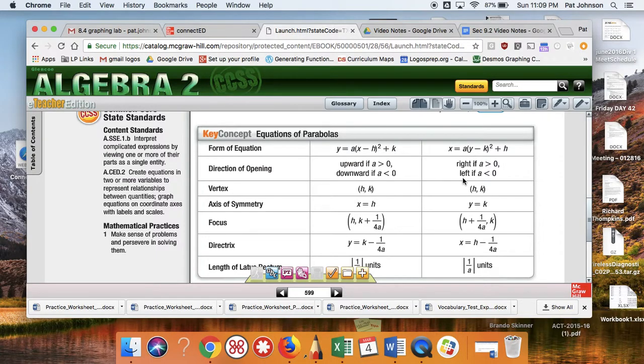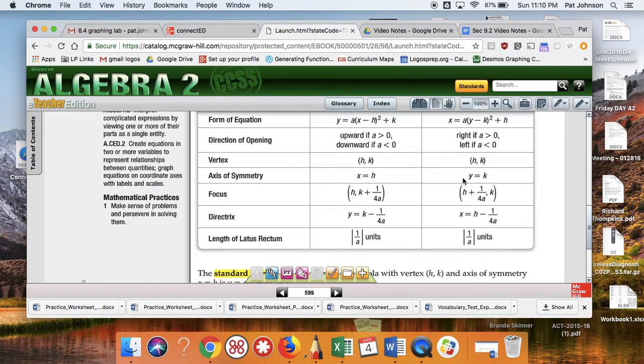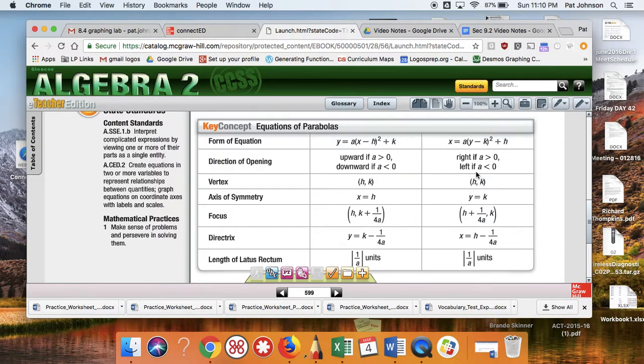Now, this column over here is new. This is the vertical parabola, which opens up or down. This would be the horizontal parabola that opens left or right. If a is positive, it opens to the right. If a is negative, it opens to the left. And now you notice it's x equals, it's no longer y equals. The y is squared. Here the axis of symmetry is x equals h. Here, the axis of symmetry is y equals k.